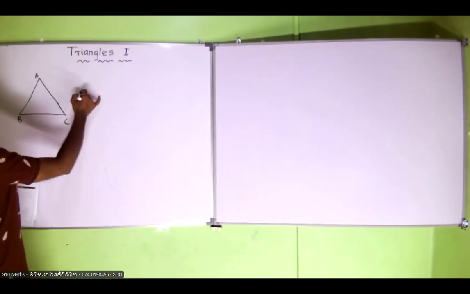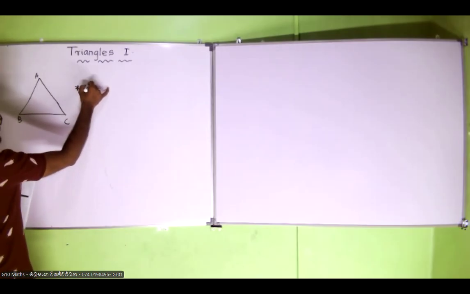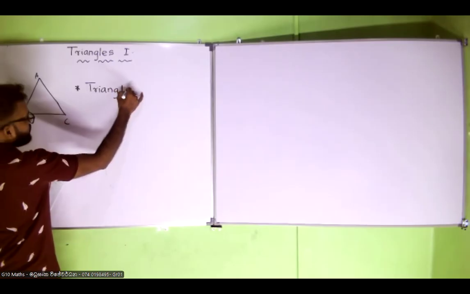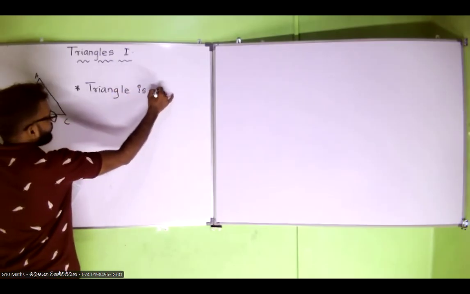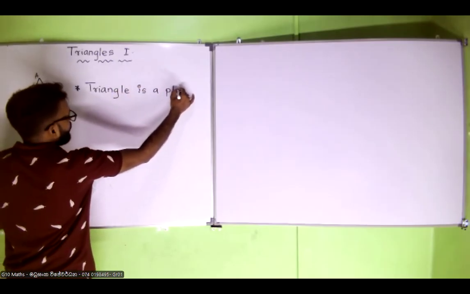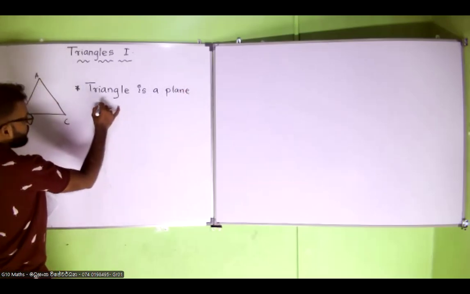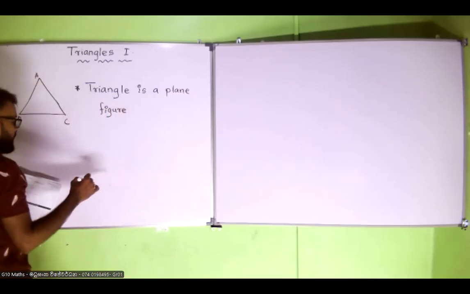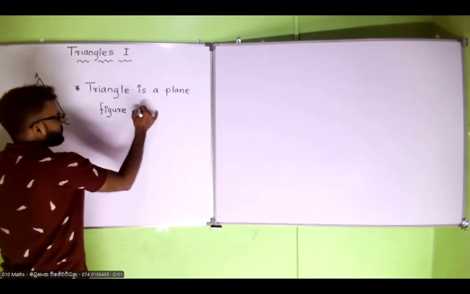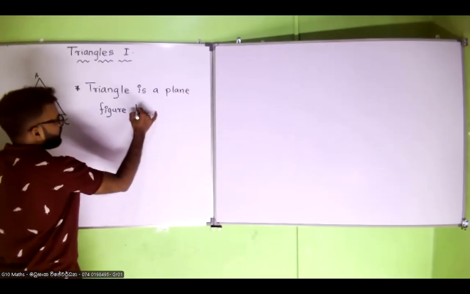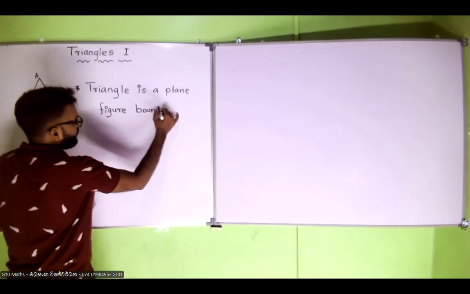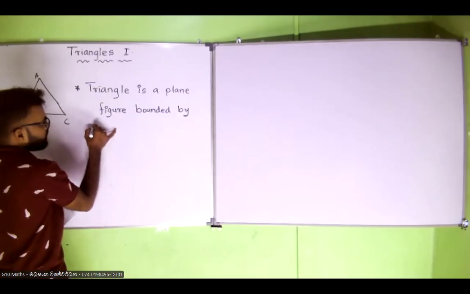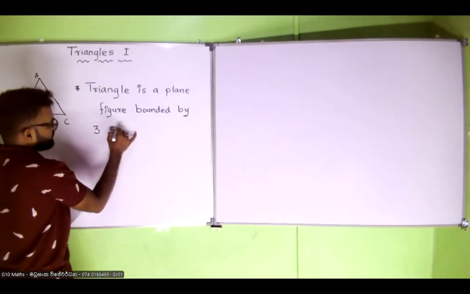Then write: a triangle is a plane figure bounded by three straight lines.